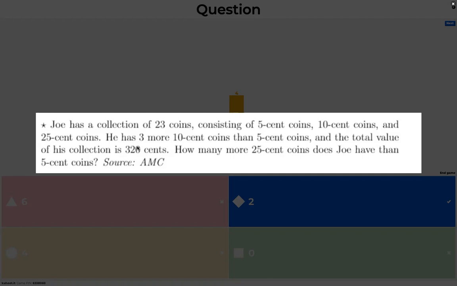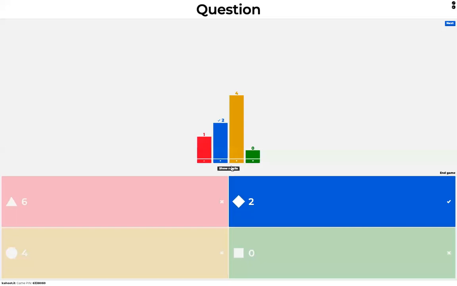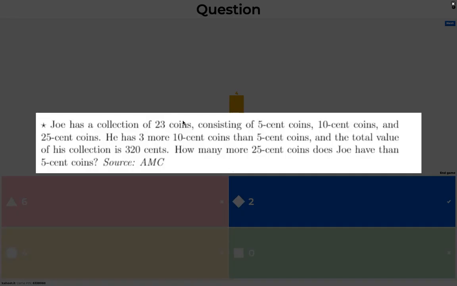Since we know that in total there are 23 coins, and there are 3 more 10-cent coins than 5-cent coins. Yeah, we can have one variable for 5-cent coins.